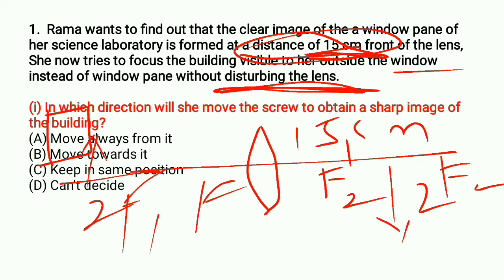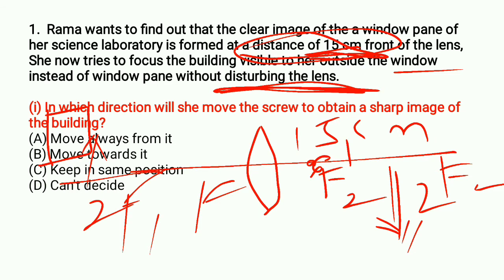Outside the window means the object is at infinity. As the object is at infinity, the image will obviously form at F2. Here the window is beyond 2F1, which means the image of the window will form between F2 and 2F2. Are you getting this one?